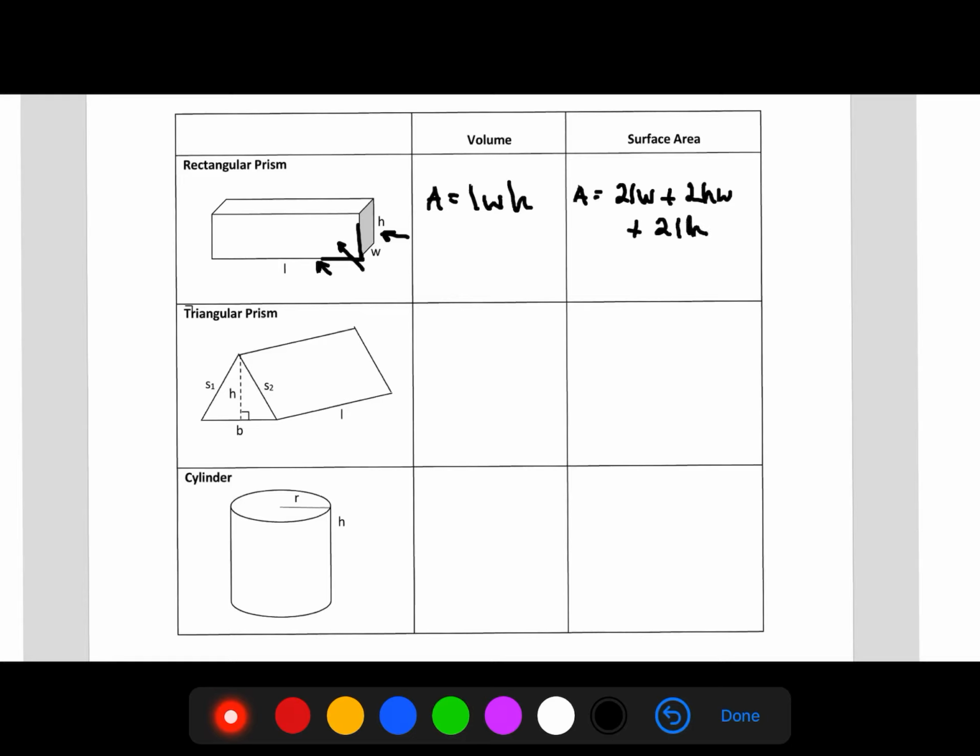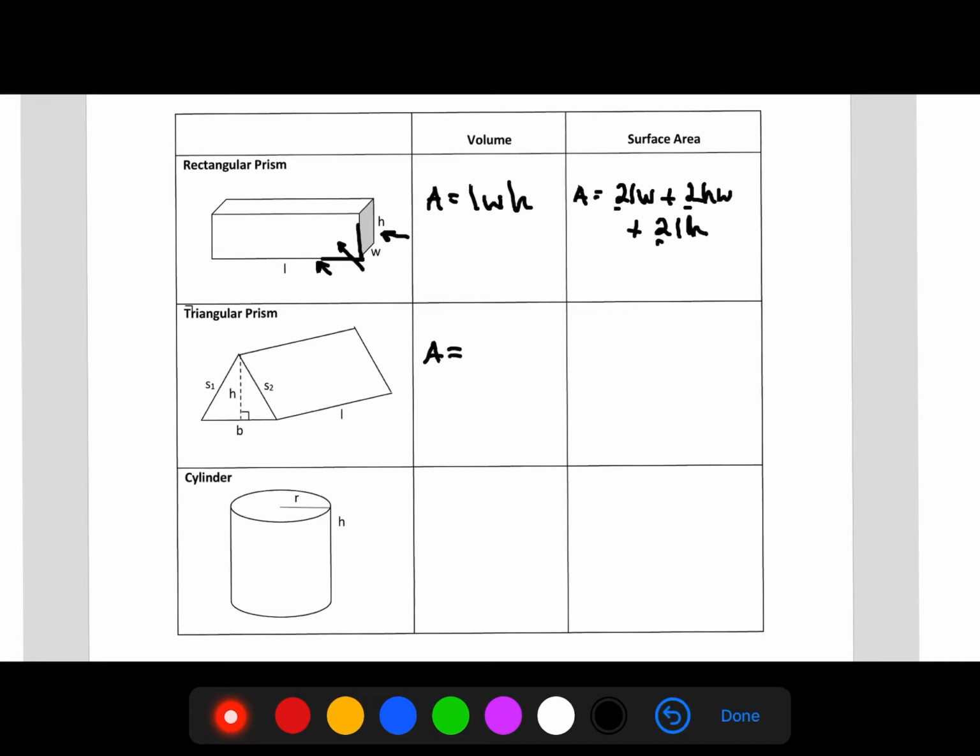And then we have our front and our back, which are our length times our height. So again, 2 times length times height. That's the surface area of our rectangular prism. So if you ever forget the formula, you can come up with it. We have 6 different sides, 2, 2, and 2 to cover all of the sides.